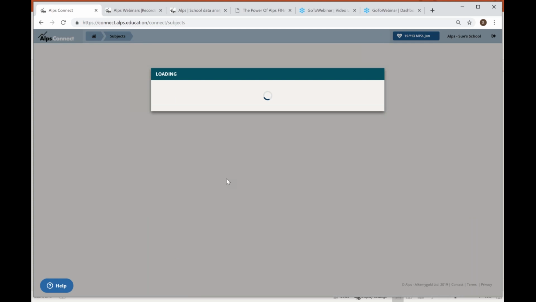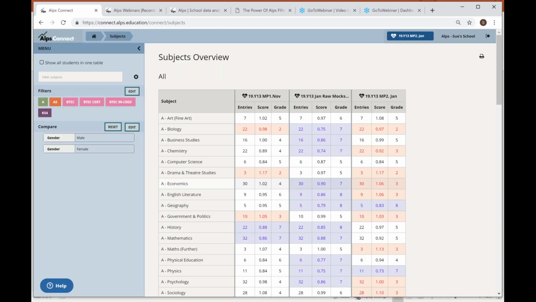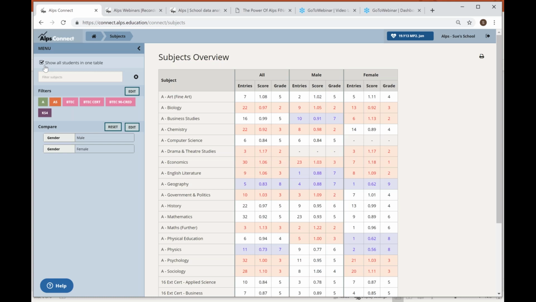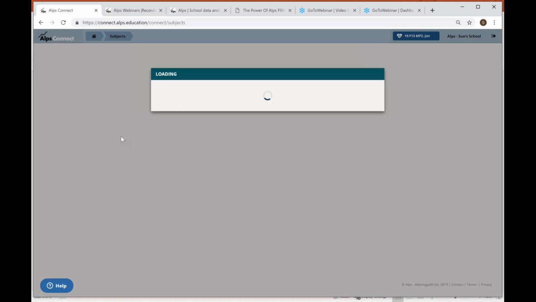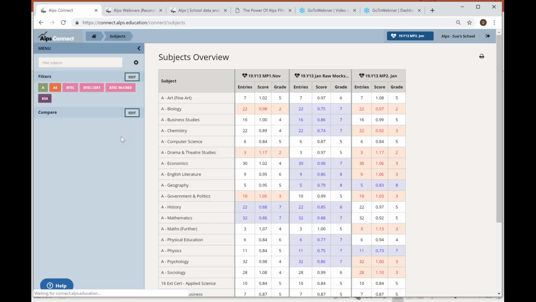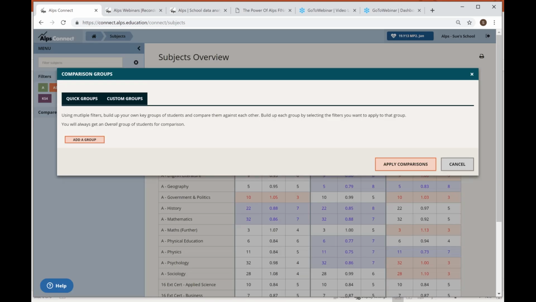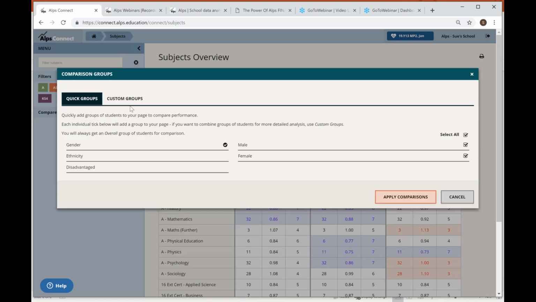I'm going to put them all together in one table, and for my January outcomes I'm going to be able to see if I've got any discrepancies in how my boys and my girls are doing, which in business studies there, look, I do. Okay, my comparisons, let me reset that and just show you. There are 3 standard ones, gender, ethnicity, disadvantage, but I can add custom comparisons.